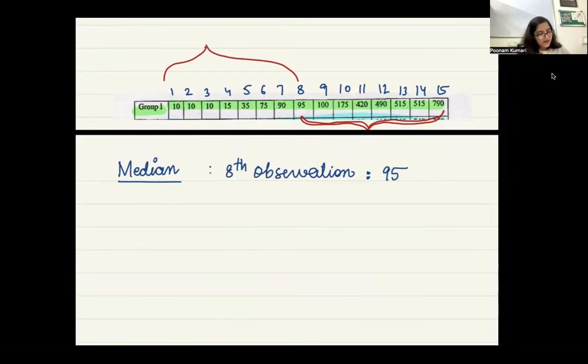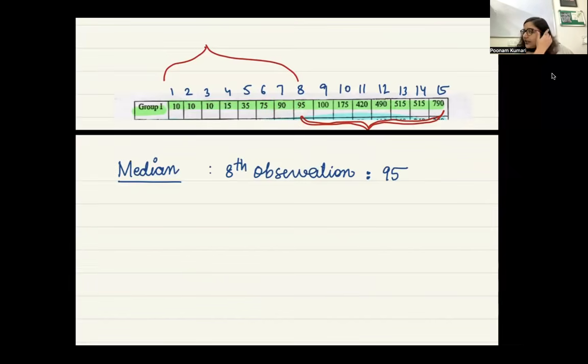Okay. So now in this data from 1 to 8, so I have 8 observations, 1, 2, 3, 4, 5, 6, 7, 8. Right.